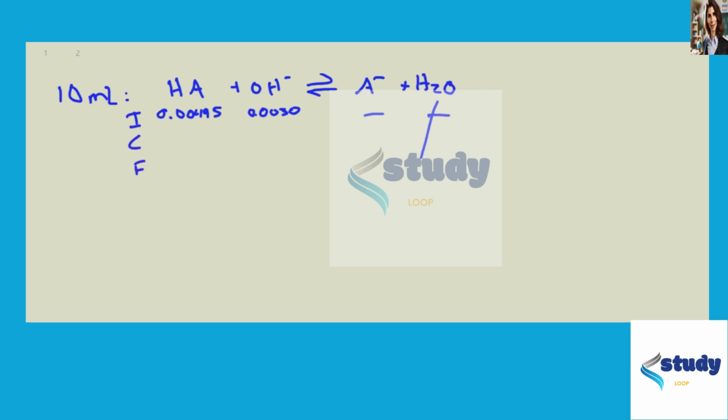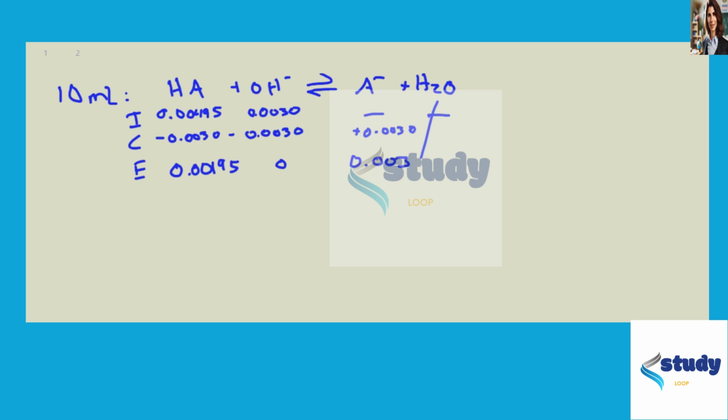We have change. We're going to subtract 0.0030. And our equilibrium will be 0.00195, 0, and 0.003.